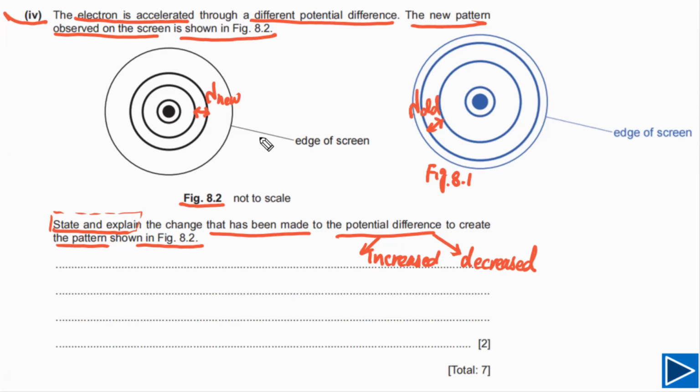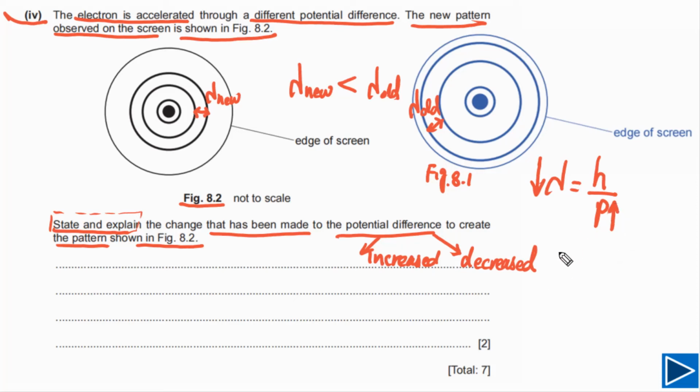It is very clear that lambda new is shorter than lambda old. In the de Broglie wavelength equation, lambda is equal to h over p. If lambda has decreased, it means momentum has increased.